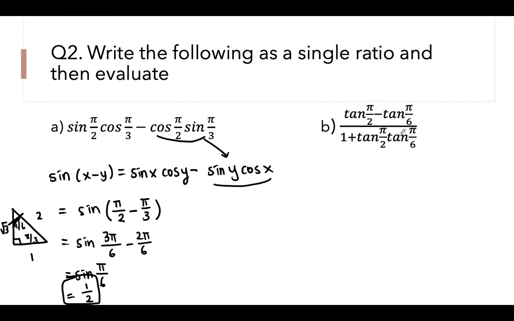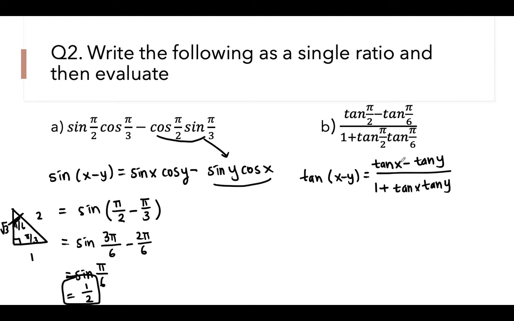Okay, next, letter B. So it seems like we have a tangent, so it must be a tangent compound formula. And in the numerator, it's subtraction, so it must be tangent x minus y. Let's write down the formula: tangent x minus tangent y over 1 plus tangent x times tangent y.